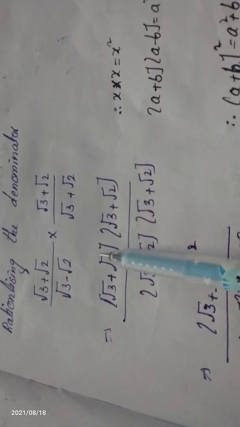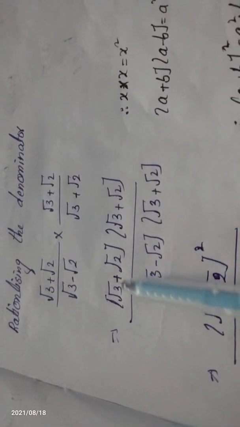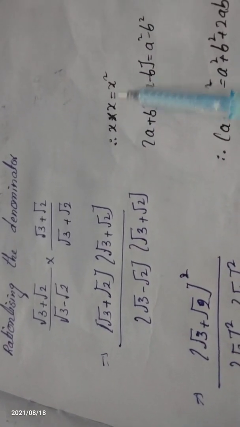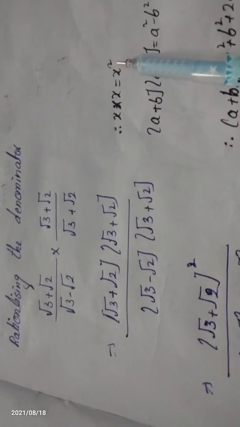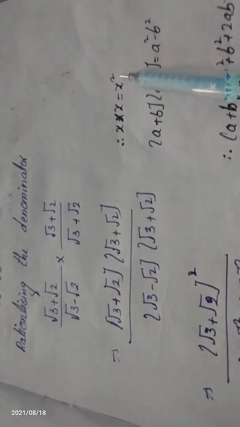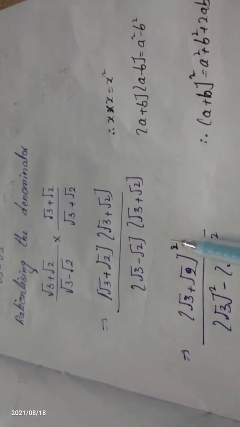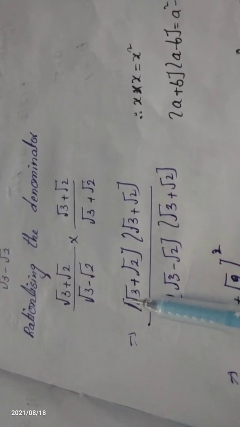After writing, can you see this? Root 3 plus root 2 times root 3 plus root 2. I consider the whole value as x, so it is in the form of x into x, and x into x equals x square. So this can be written as root 3 plus root 2 whole square, because the numbers are the same and the signs are also the same, plus and plus.